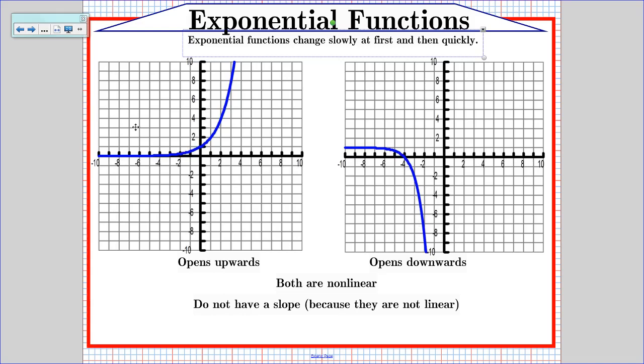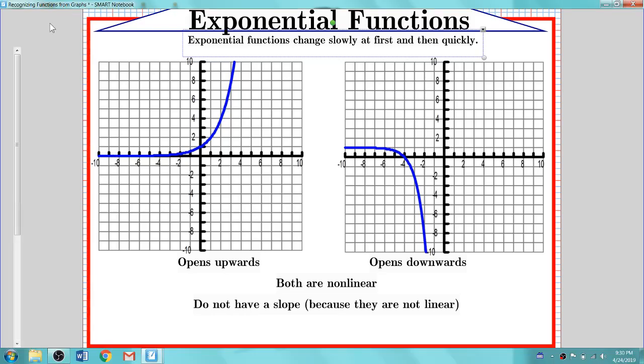One thing that's important to notice is that this part over here on the left side looks like it's just flat constant at 0, and that is not true. That graph is increasing a tiny, tiny bit at a time. It just doesn't look like it. These are nonlinear because they are turning, and they don't have a slope because they are not linear functions.